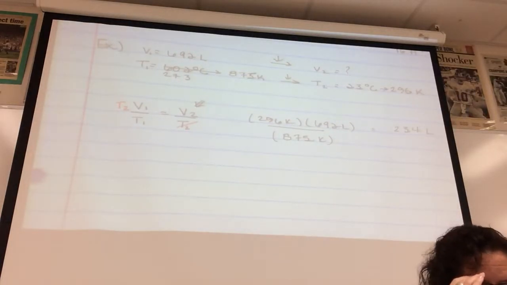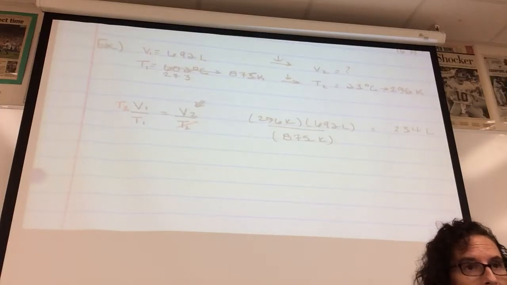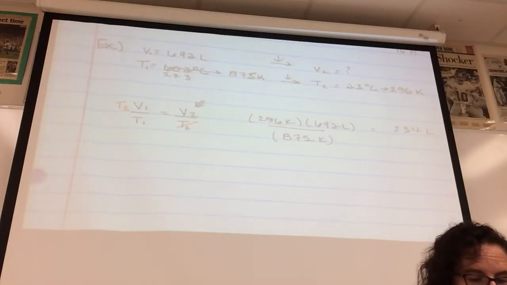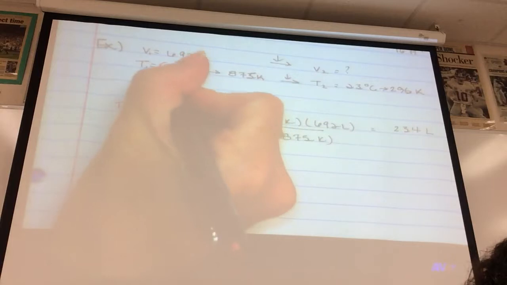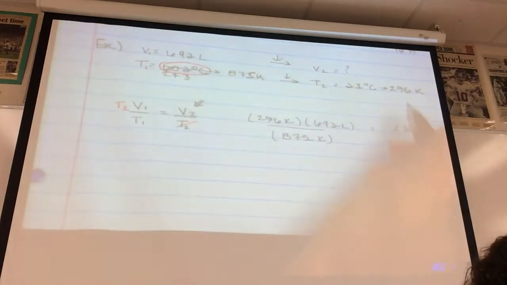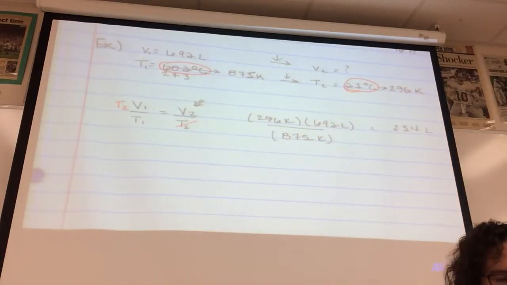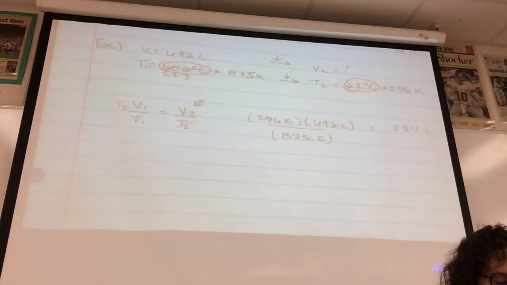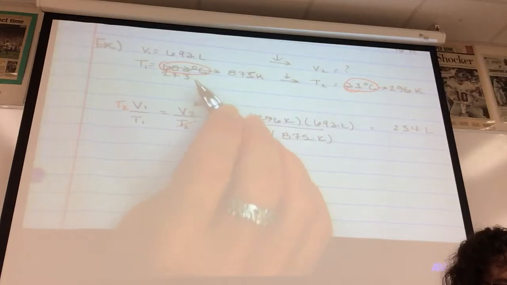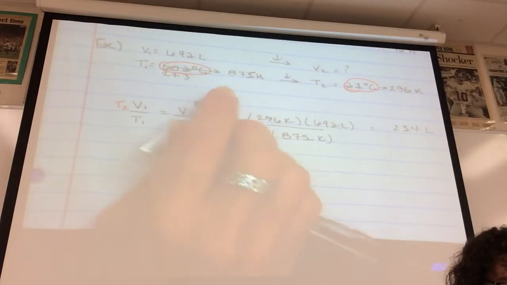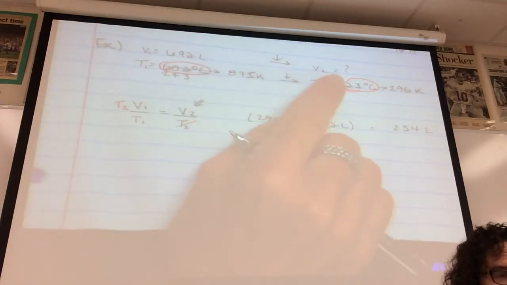Charles' law shows the direct proportionality between Kelvin temperature and volume. One thing I definitely want to indicate here, if you look at the temperature in degrees Celsius, you can see clearly that you don't have a direct proportionality between degrees Celsius temperature and volume.